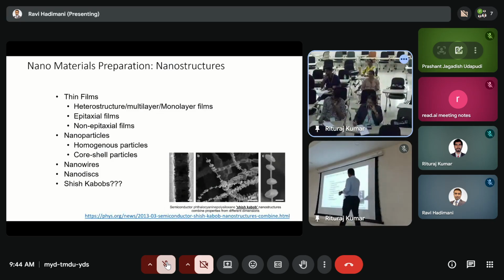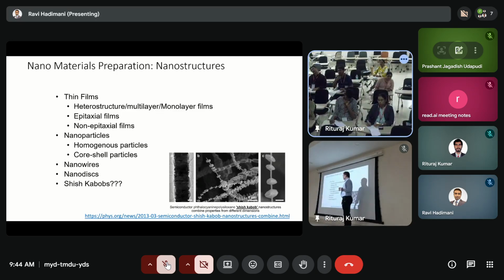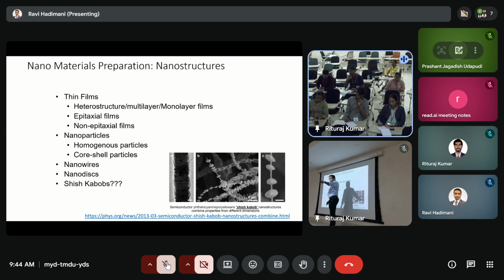So here, within thin films, you have different types of thin films. If you have multiple layers, then you have heterostructure thin film; you have monolayer, single layer thin films. Epitaxial thin film means all the material is in specific crystal orientation.